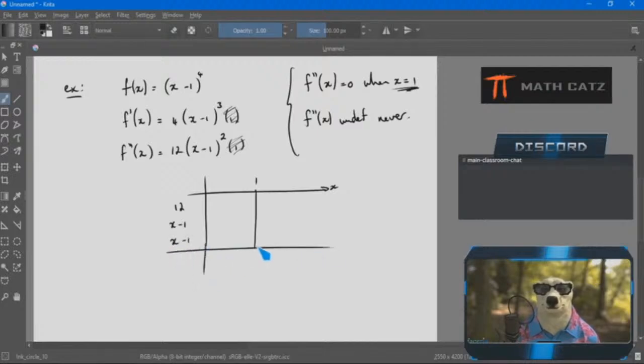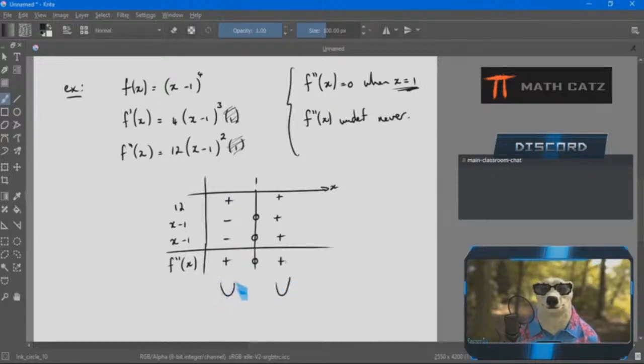And together, they give me the second derivative. 12 is always positive. X minus 1 is 0 when x is 1. Goes from negative to positive. Makes the second derivative 0. Same for this one. They are copies. Now I have two negatives and no negatives. I'm bending up and I'm bending up.